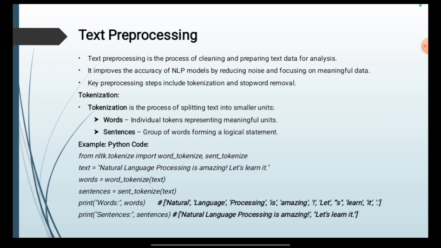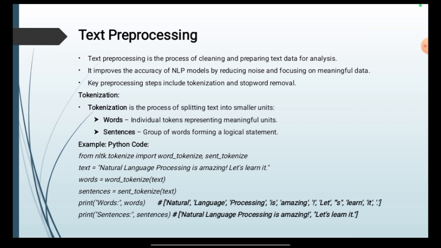Tokenization breaks down text into smaller units like words or sentences, which allows the model to analyze the structure and meaning of the text more effectively. For example, tokenizing a sentence into words helps identify individual terms, while sentence tokenization helps understand the logical flow of statements. In the provided Python code, word_tokenize(text) splits the input text into individual words, and sent_tokenize(text) splits the text into sentences.